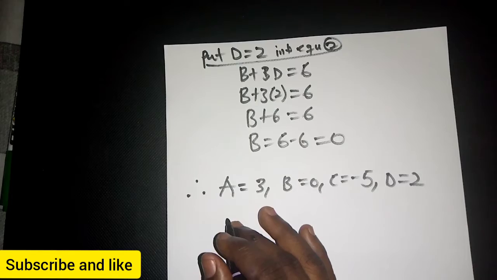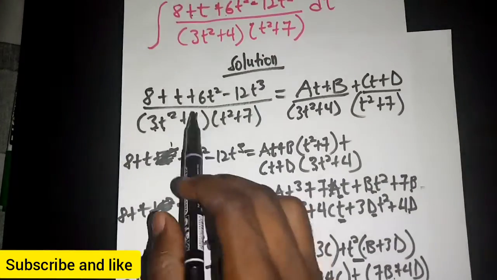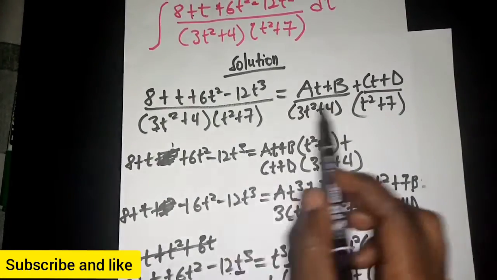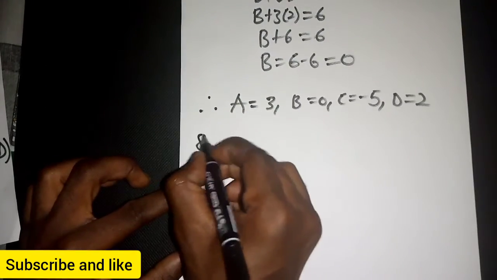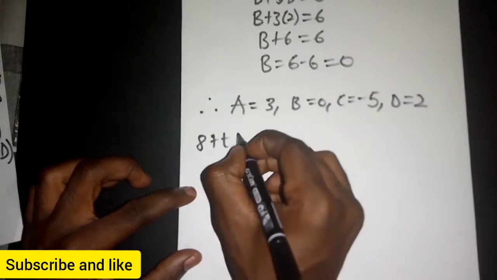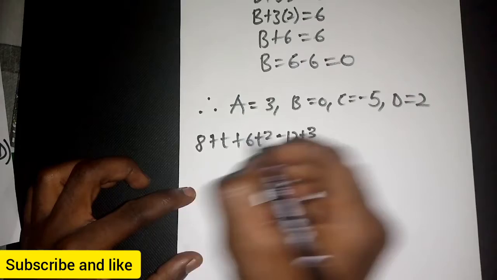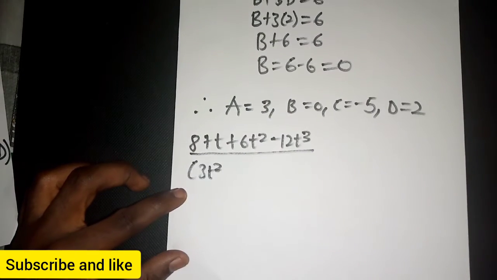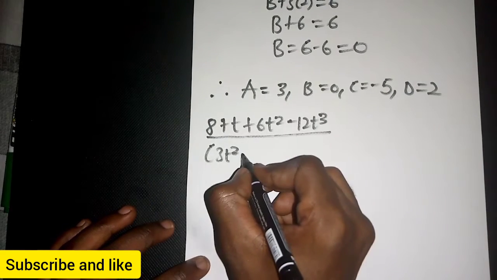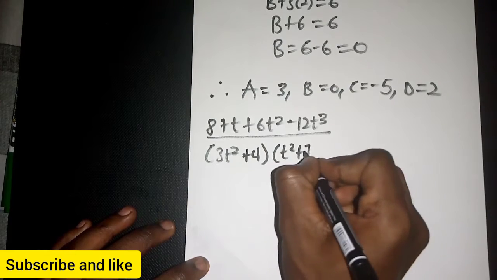So we are going to put this back into the general equation over here. We are going to put the values of a, b, c, and d back into it. So we have 8 plus t plus 6t squared minus t cubed being divided by 3t squared plus 4, t squared plus 7 here.